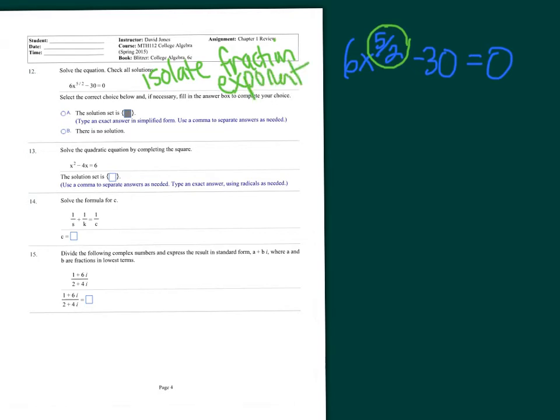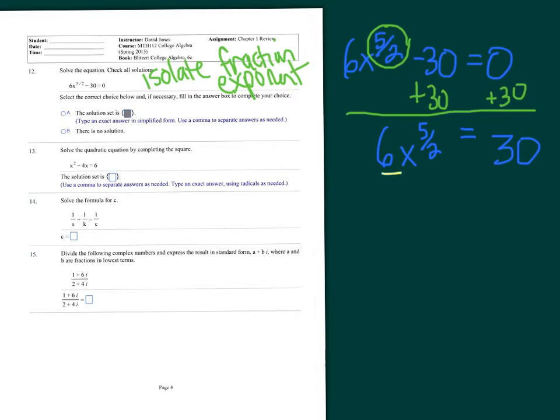So just to start off, we will move this 30 over, so we'll add 30 to both sides. Now we've got 6x to the 5 halves power equals 30. And we've got to do a little bit more work to get that x by itself. So we're going to divide both sides by 6.